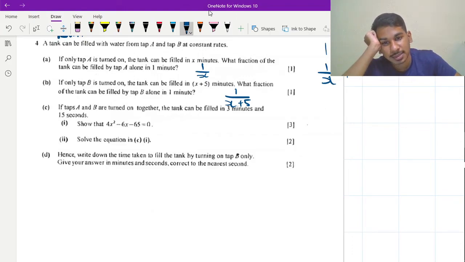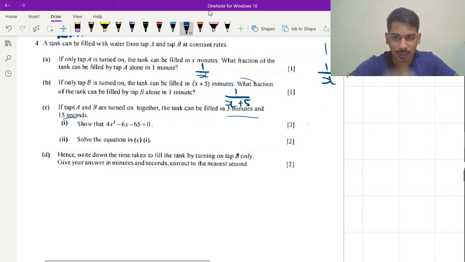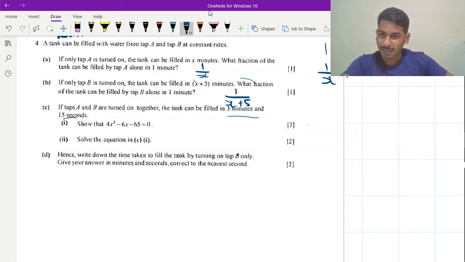Every minute this much of the tank is filled using A and B. So you add them up for every minute and then multiply by 3 minutes 15 seconds, and that should give you 1 tank. I'm not sure if that's sound logic, but let's try it out, and if I make a mistake I'll see why I'm wrong.